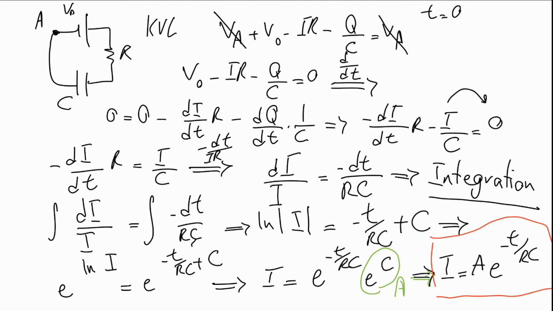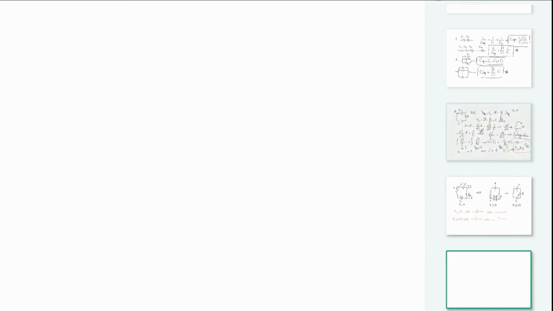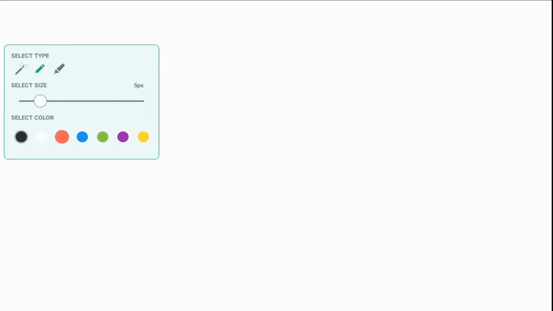So here in this function, I would like to calculate A by using the rule that I've just told you. Let's imagine the circuit here. Here we have a battery, a resistor, and a capacitor.